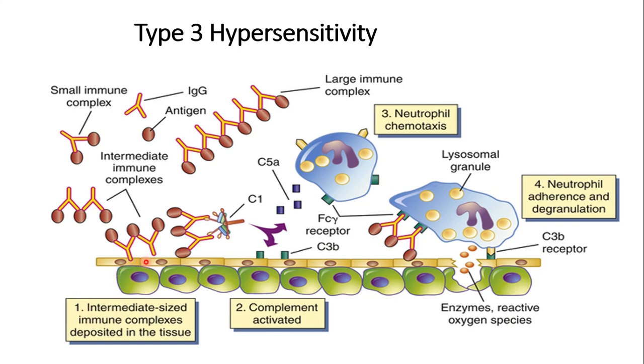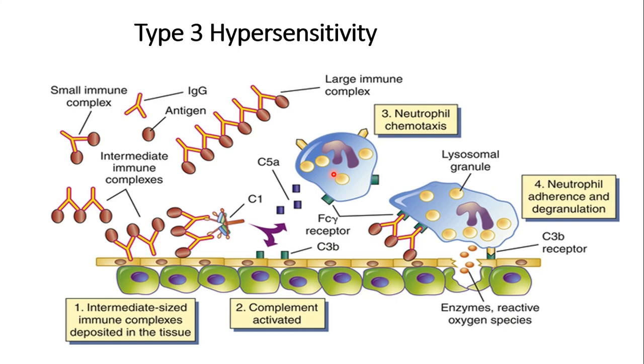Then this activates the complement system. Then the neutrophils are chemotactically attracted to the site of the immune complexes. And then the complement system proteins will get attached to these neutrophils.